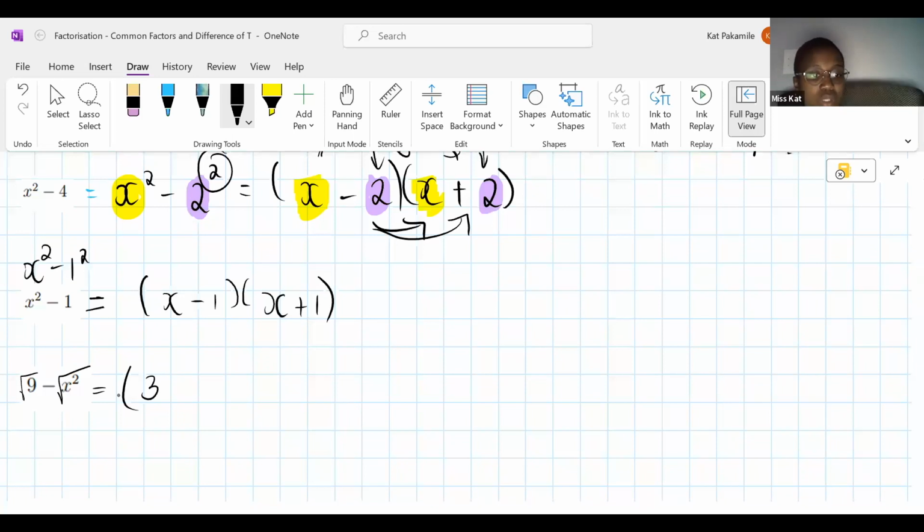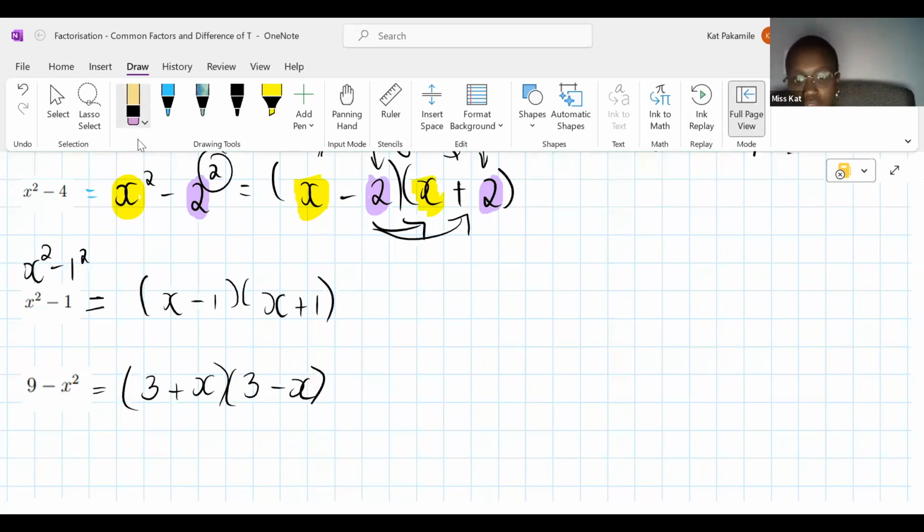Remember, we start with the 3, okay? So it's 3 plus x and? And then 3 minus x. Beautiful, Nabuyo. That is correct. Yes, guys, I see you in the chat.